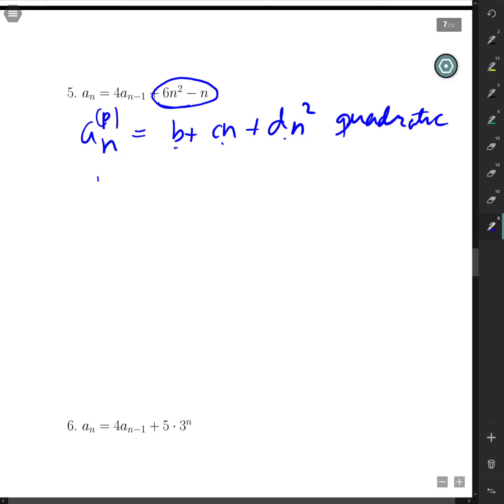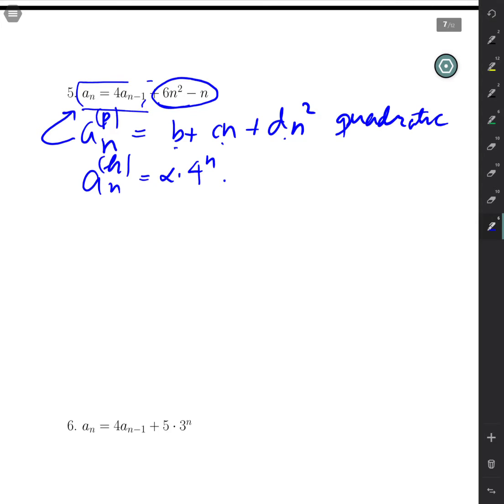And then, of course, a and h is equal to, from the homogeneous part right here, we get alpha times 4 to the n. Okay? So if you go through and substitute this into the equation, you'll get, and I'm going to leave it just like it is on that side right there.